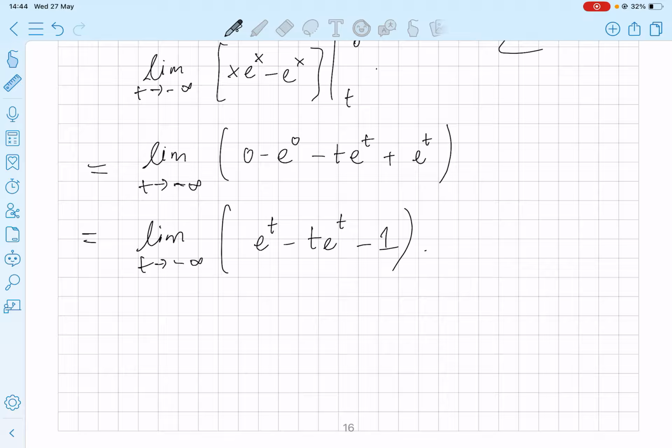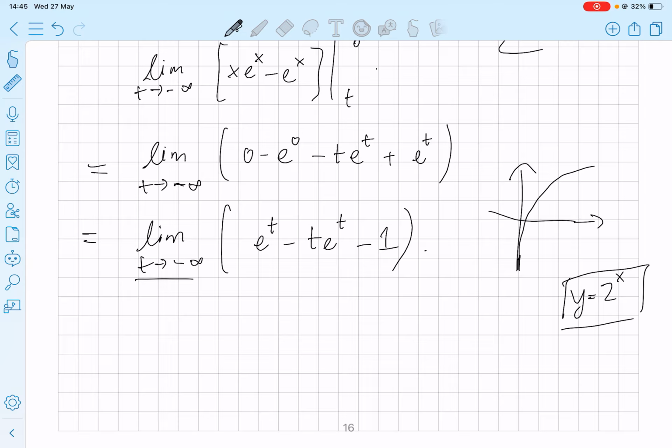Now, because t approaches negative infinity, it gets really small. As you remember the graph of this function, it is like a power function, and on the graph it looks something like this.